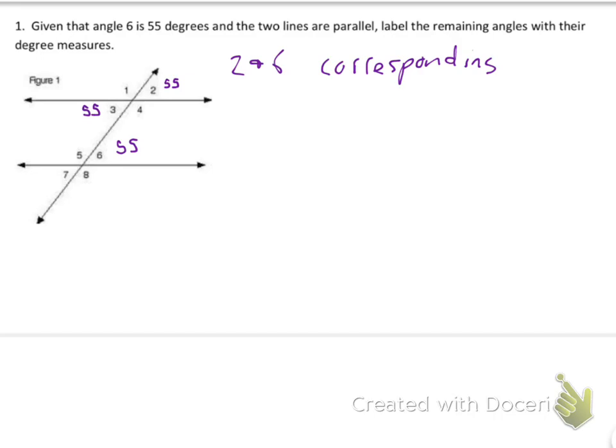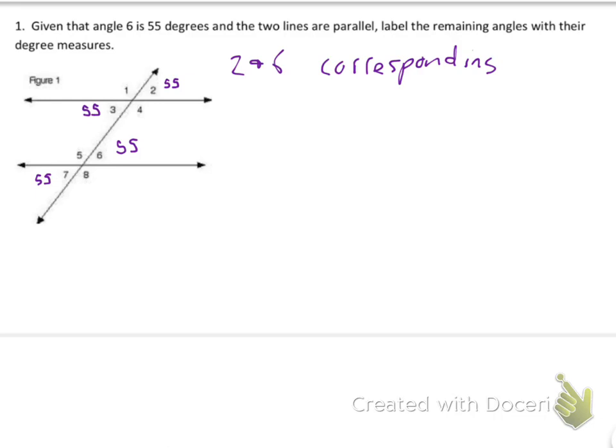And what other one is 55? 7. Again, because we can claim vertical angles or corresponding angles, or one more. If you knew 2 is 55, 7 has to be 55 because of alternate exterior. Now you need to know what 1, 4, 5, and 8 are, and they happen to all be the same.